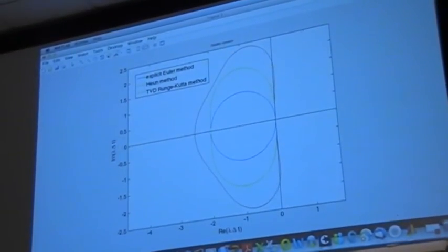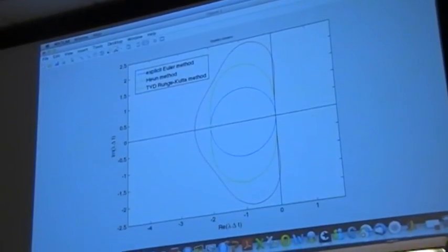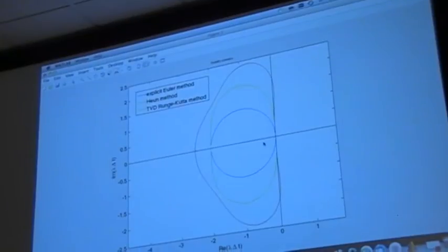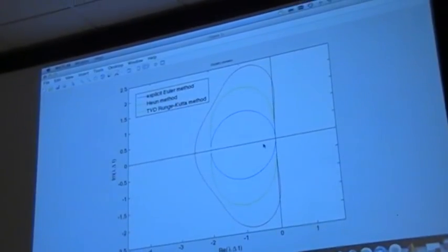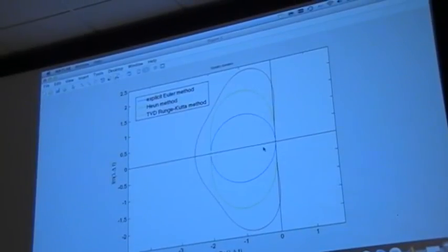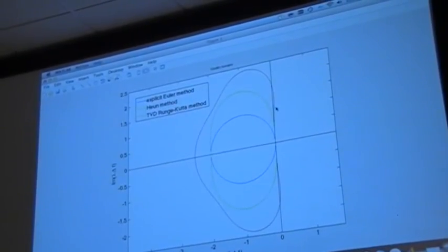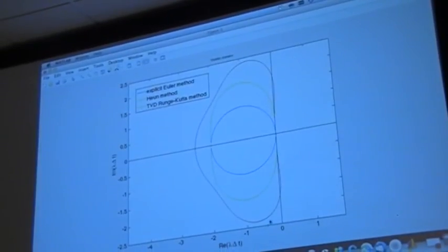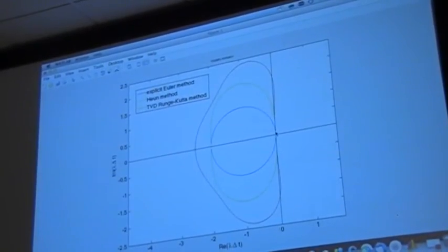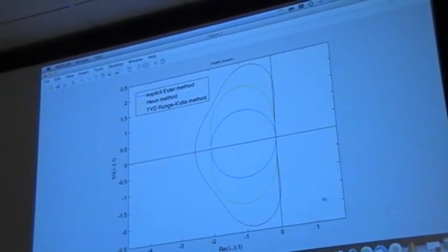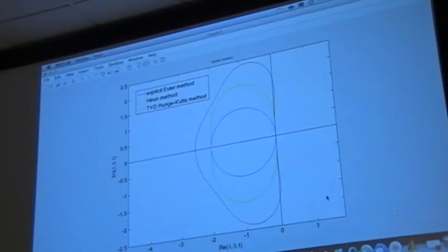The one that we have discussed, that is example 1, the blue circle, is the stability domain for the explicit Euler method. The one that we have not yet discussed, the red one, is the stability domain for the TVD Runge-Kutta method. And the green one that we have not discussed is for Heun's method. That is a second-order TVD method.